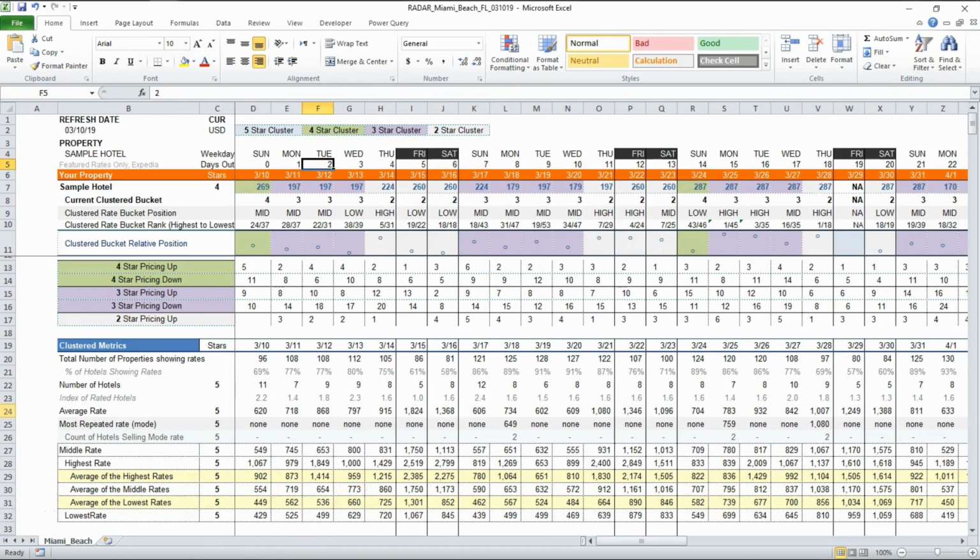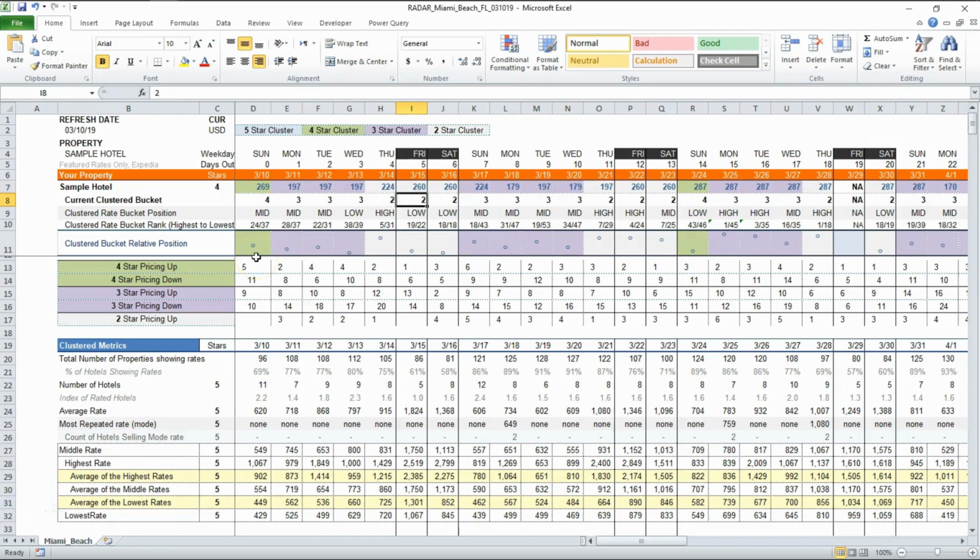The next row shows the number of days until the day of arrival. The third row shows the actual date. Right under the date, you can see the featured rate for every day for this hotel.